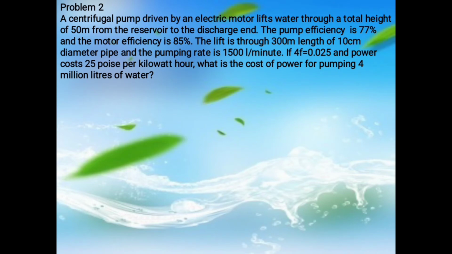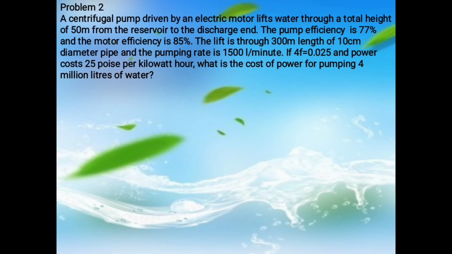Next question. This question is very important. A centrifugal pump driven by an electric motor lifts water through a total height of 50 meter from the reservoir to the discharge end. The pump efficiency is 77% and the motor efficiency is 85%.